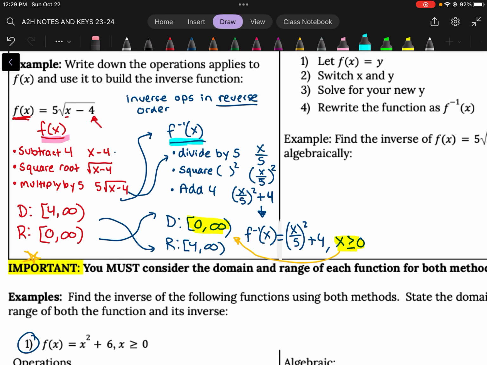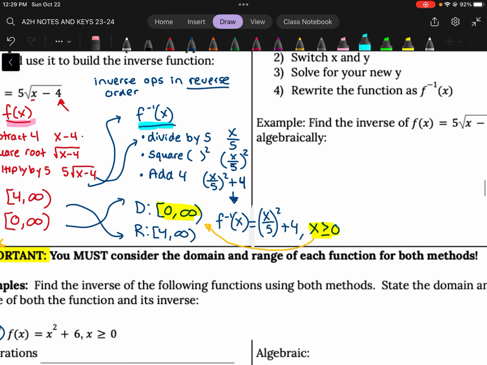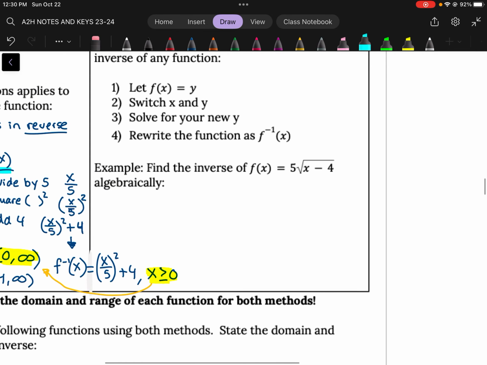So it must have that relationship where the domain of f of x becomes the range, and the range of f of x becomes the domain of the inverse, right? So I must include that restriction onto the inverse. Otherwise, that's not truly the inverse, right? In other words, that's what makes this the inverse of f of x and not just a function that is not actually the inverse, right?